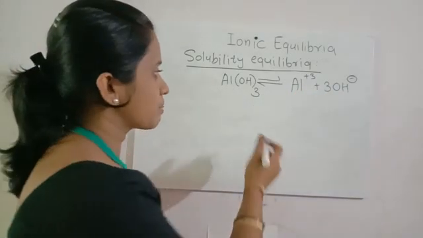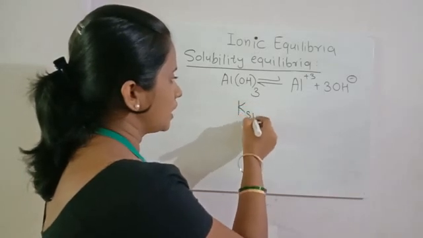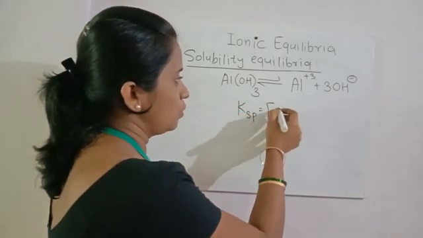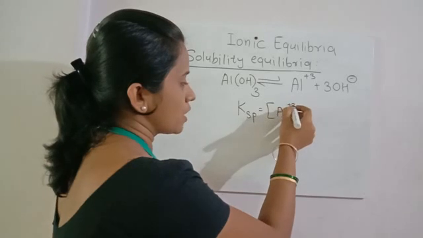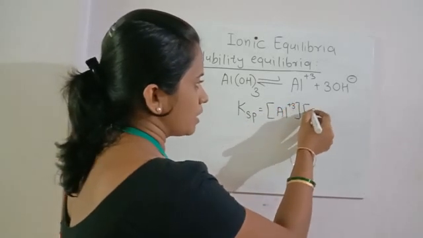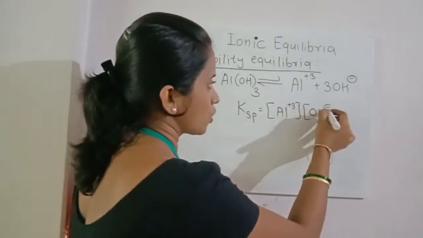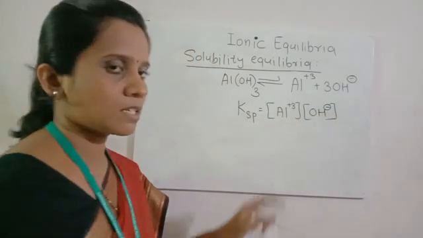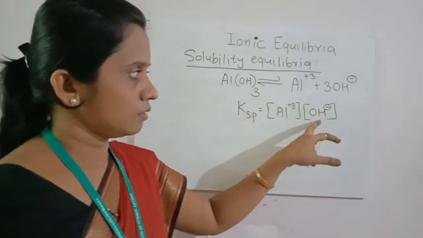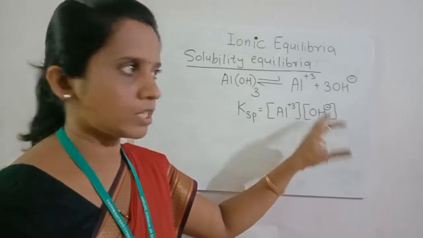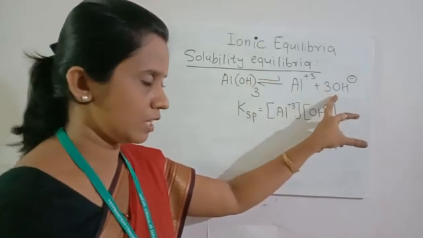So what will be the expression for Ksp? Ksp is equal to concentration of Al plus 3 into concentration of OH minus, raised to their corresponding coefficients in a balanced chemical equation.